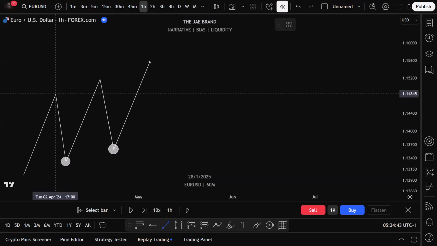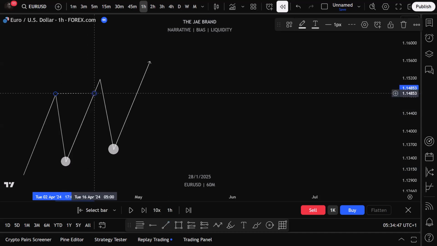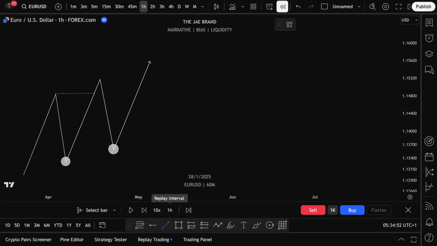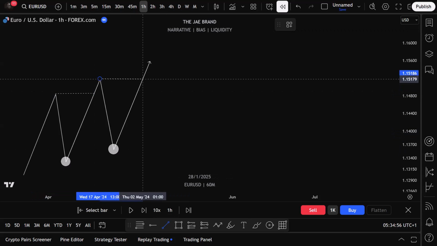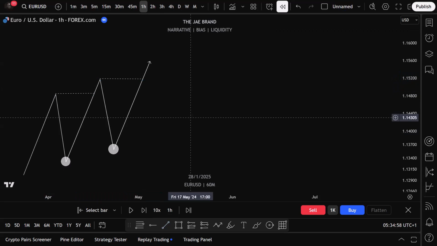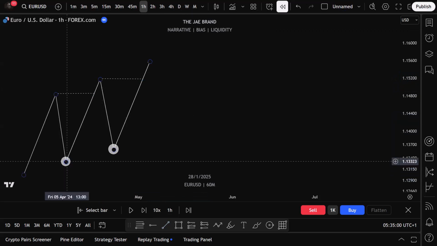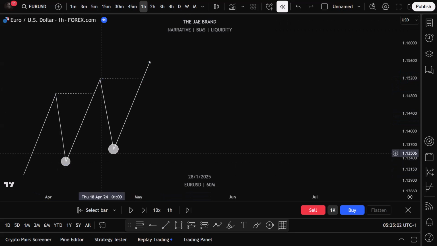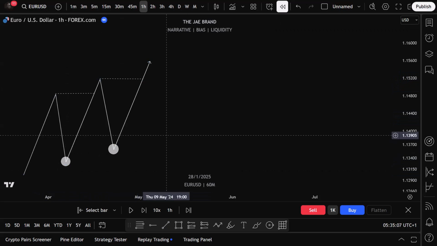So we have this as our first external, which is the break of structure, as the target. Then we have this as our second external, which is a break of another structure. Then we have these strong lows as our protected area.